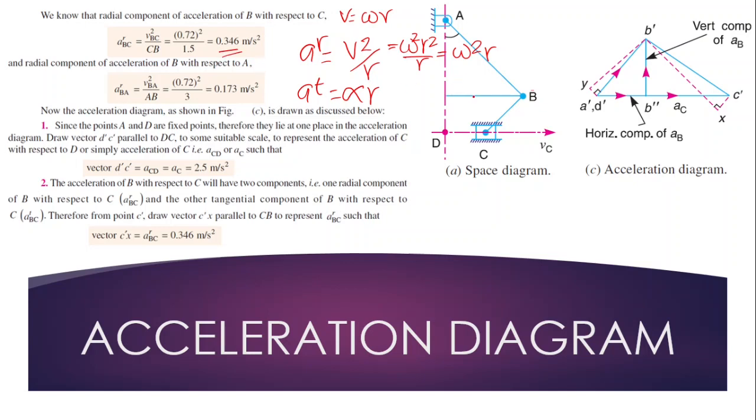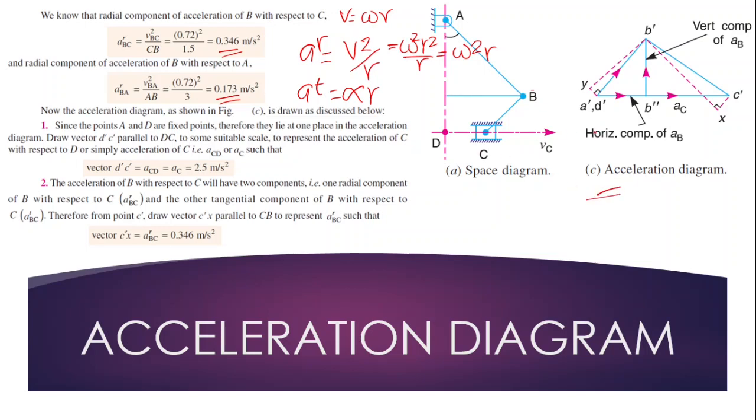Similarly, we can calculate the radial component of acceleration of B with respect to A, that's equal to VBA square divided by AB, that's equal to V square by R, that's equal to 0.72 whole square by 3, that's equal to 0.173 meter per second square. Here this is the acceleration diagram.